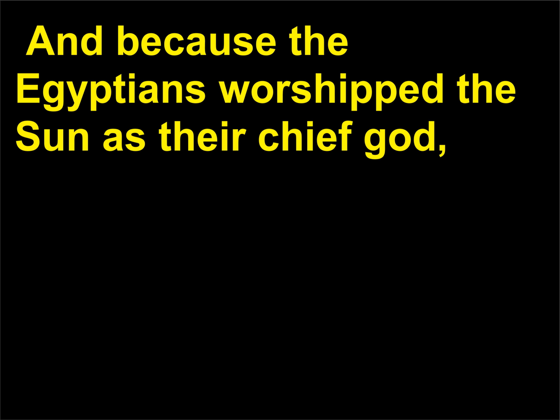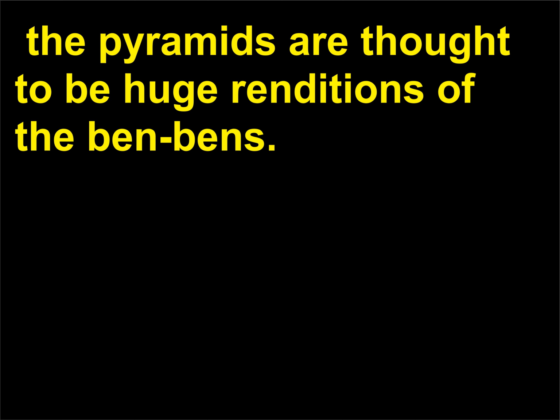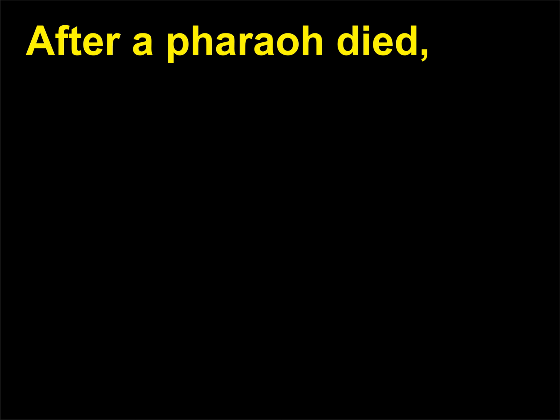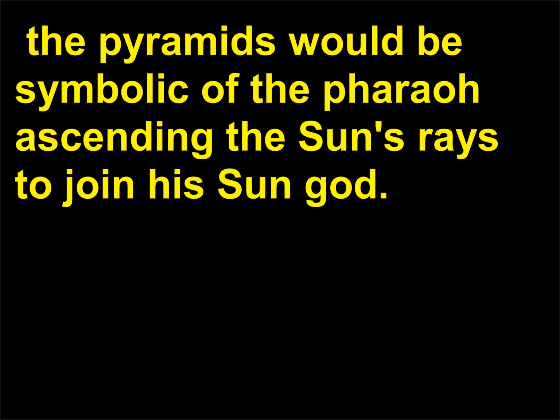And because the Egyptians worshipped the sun as their chief god, the pyramids are thought to be huge renditions of the benbens. After a pharaoh died, the pyramids would be symbolic of the pharaoh ascending the sun's rays to join his sun god.